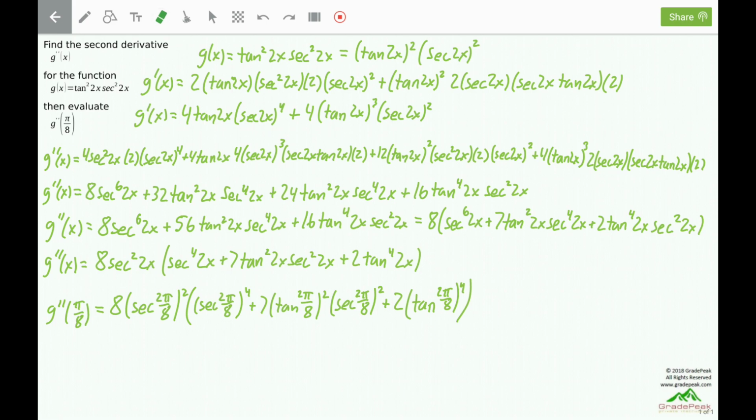Well, 2 pi over 8 can reduce, and it reduces to pi over 4. So we have 8 times the secant of pi over 4 squared, and then the secant of pi over 4 to the fourth, plus 7 times the tangent of pi over 4 squared, times the secant of pi over 4 squared, plus 2 times the tangent of pi over 4 to the fourth.